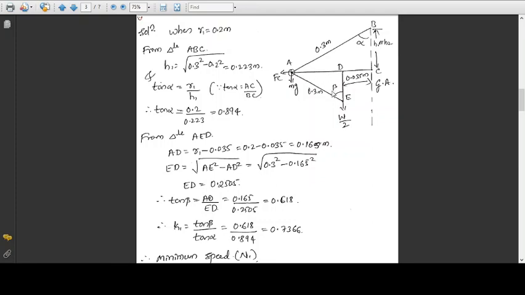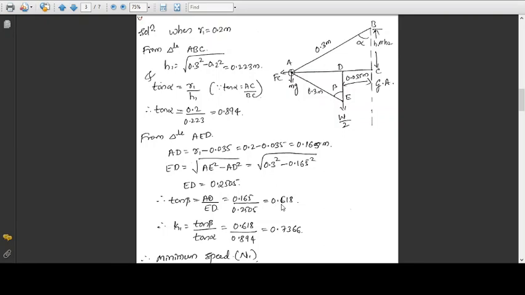In this triangle AED, if you write the equation for tan beta, it is given by AD by ED. Here this is the beta angle. The opposite side will be AD and the adjacent side will be ED. After substituting the values of AD and ED, you will get tan beta as 0.618.